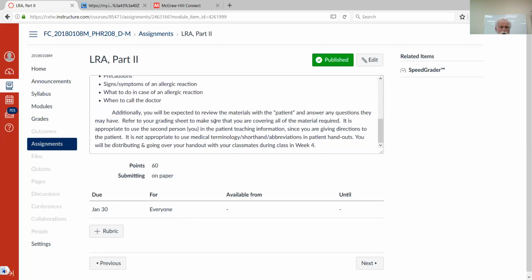Signs and symptoms of an allergic reaction. You'll note I didn't mention allergic reactions as a side effect in the LRA Part 1 because every drug has that as a potential side effect. People can be allergic to anything. We're finding that the titanium pins and rods we put into broken bones, people are starting to be allergic to titanium. And we used to think of that as an inert metal. Nope.